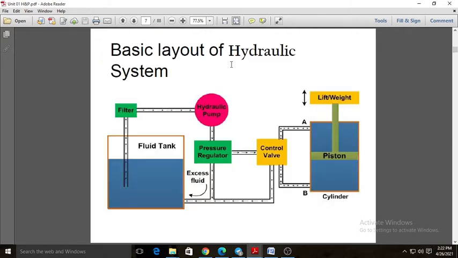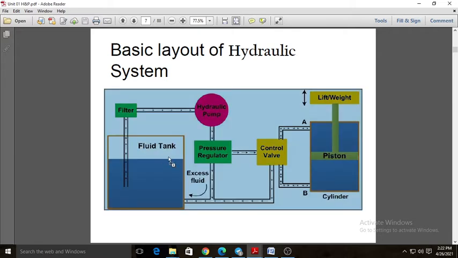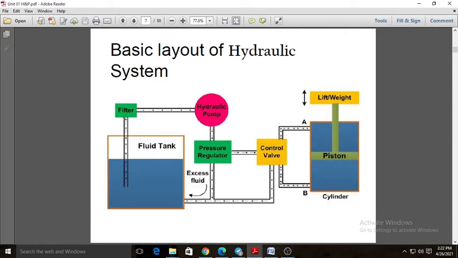Here is the basic layout of the hydraulic system. You can see this is the fluid tank, and from the fluid tank there is a filter between the fluid tank and the hydraulic pump. This filter is just to remove foreign particles along with the oil moving to the pump. The filter is actually a safety device which saves the system from foreign material that comes along with the oil.